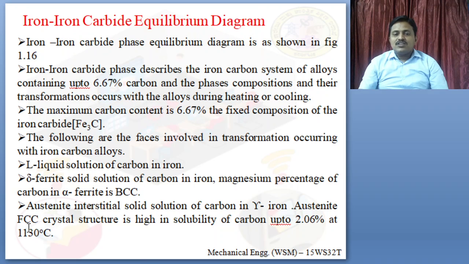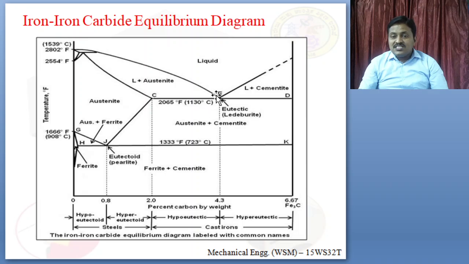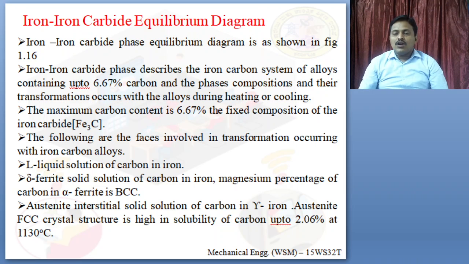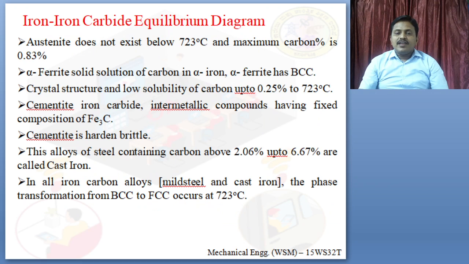Gamma iron means austenite, FCC crystal structure with high solubility of carbon up to 2.06 percent at 1130 degrees centigrade. At this point you are going to get cast iron, whereas at this point you are going to get steels. In steels you will get low carbon steel, medium carbon steel, and high carbon steel. Next we can see austenite does not exist below 723 and maximum carbon is 0.83. What is this?